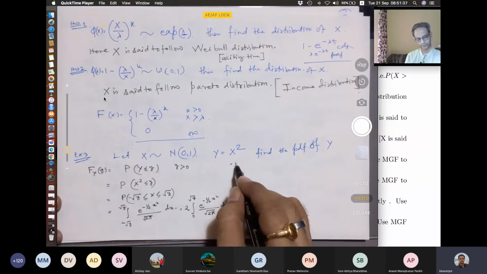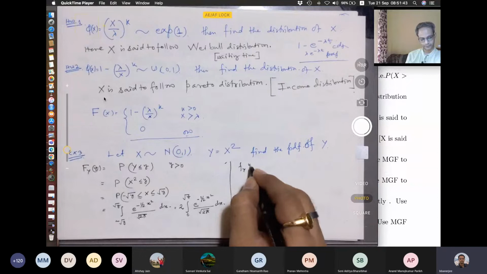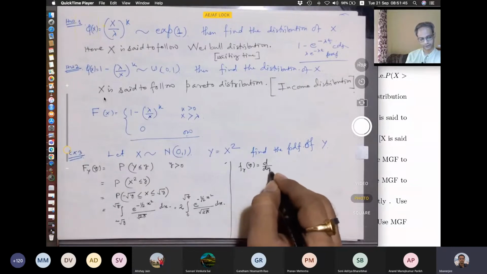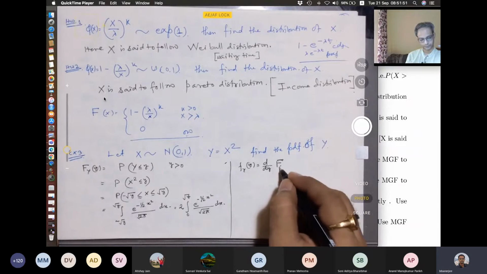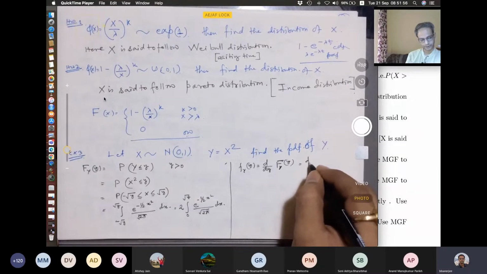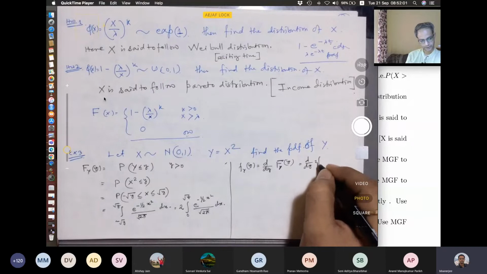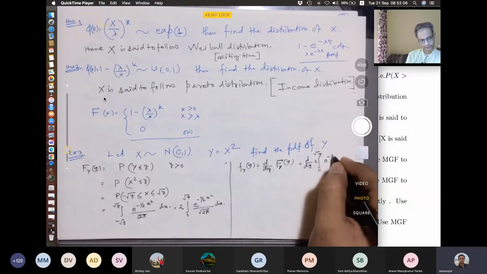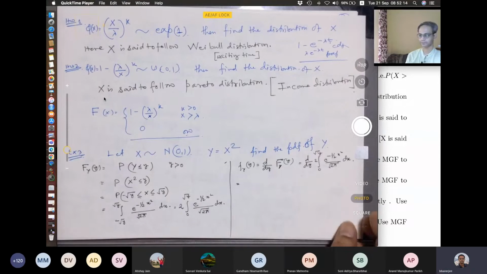Now from here, if you want to get the PDF, so f_Y(y) is d/dy of F_Y(y). So you have to do the derivative, again the same problem, 2 times integral from 0 to root y of e to the power minus half x square by root 2 pi dx. So what will be the formula?